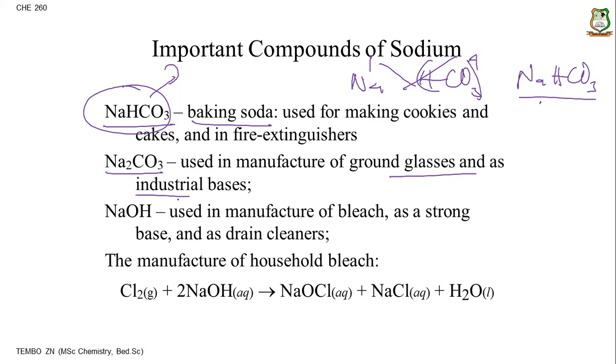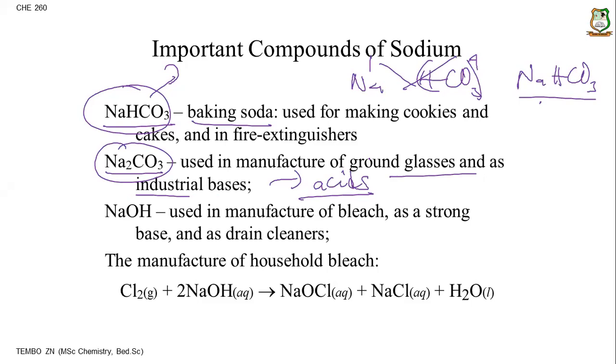Of course, we know that in the industries, during different processes, they end up producing acids, and these acids need to be neutralized, so sometimes sodium carbonate is used as a base for the neutralization reactions that are required to neutralize the acids.